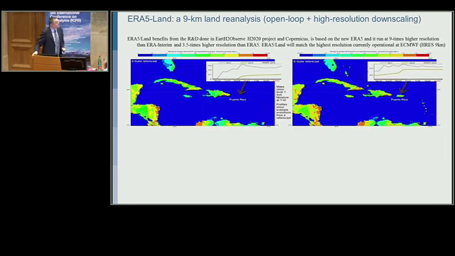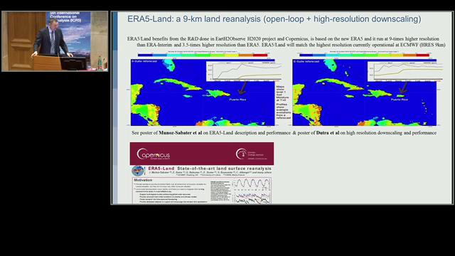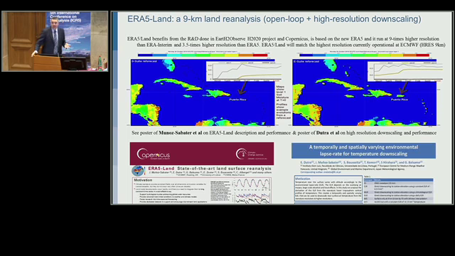ERA5-Land is the project we're really excited about, and is led by Joaquin Munoz-Sabater. He has a very nice poster, and I've heard all posters will be online, so I'd like to remind that all this work will be available online.